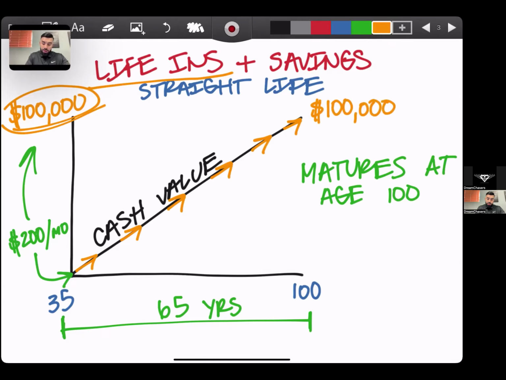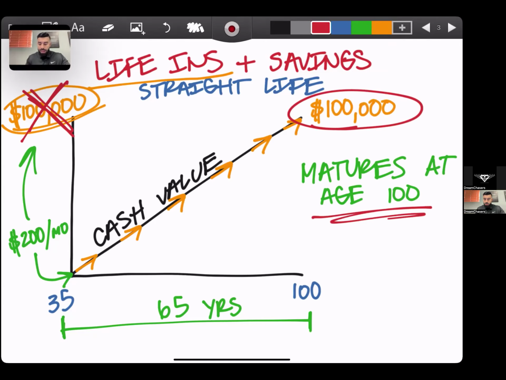So now the life insurance coverage cancels out, but they're going to cash you out the $100,000 that you accumulated. That happens when you hit age 100. So it's going to mature at age 100. Another word that they may use is it endows at age 100. So that is straight life. Just think from the moment you purchase this policy, you're going to pay straight to 100 years old.